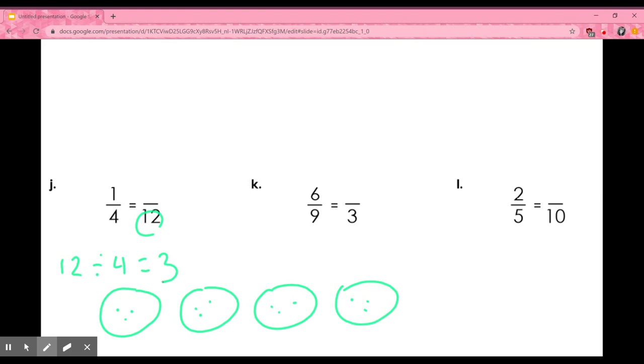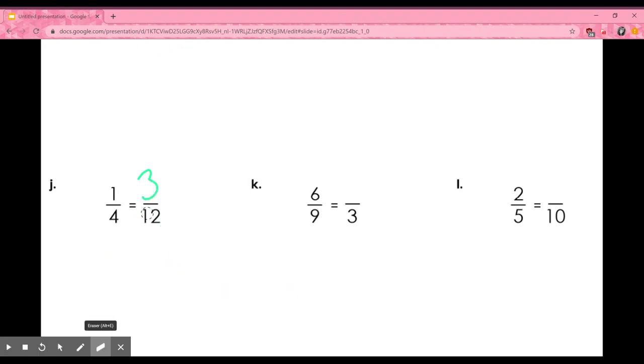So that means they took 4, did 4 times 3, and got 12. So to get our top number, we'll take 1 times 3. 1 times 3 is 3. So 1/4 is equal to 3/12. Another way you could have done this is to get your fraction strips out, put out 1/4, and then see how many 12ths it takes to be the exact same size.